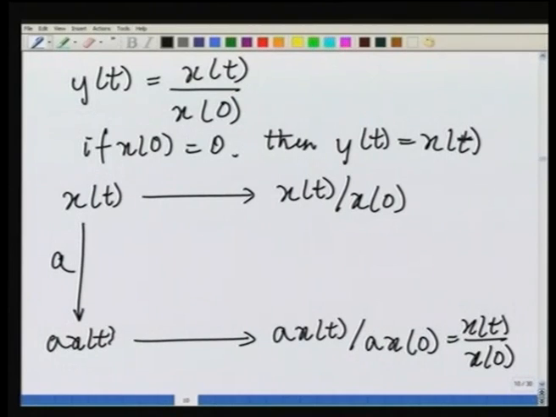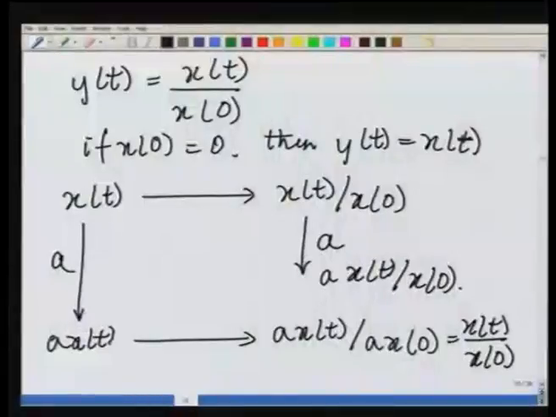Now, let us see what happens on the other hand if I scale the output of the system obtained directly before scaling, that is x(t) by x(0), by a factor a. I would get a times x(t) by x(0). So, through one path I have got a times x(t) by x(0), through the other path where the scale operation, the linear operation, preceded the system, we have got x(t) by x(0).